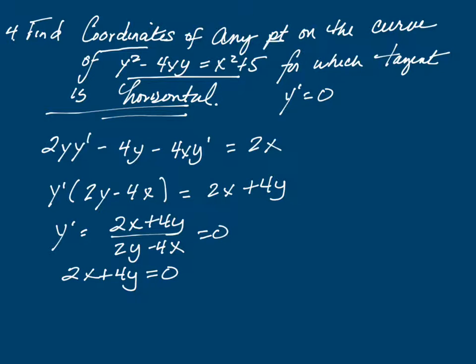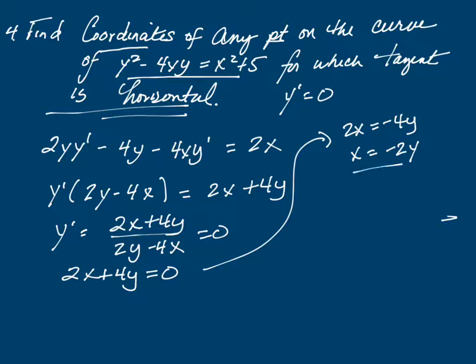Okay, so let's solve for one of them and then put it back in. So let's solve for x. We have 2x is negative 4y, so x equals negative 2y. And then we go back to the original to find y, up here.